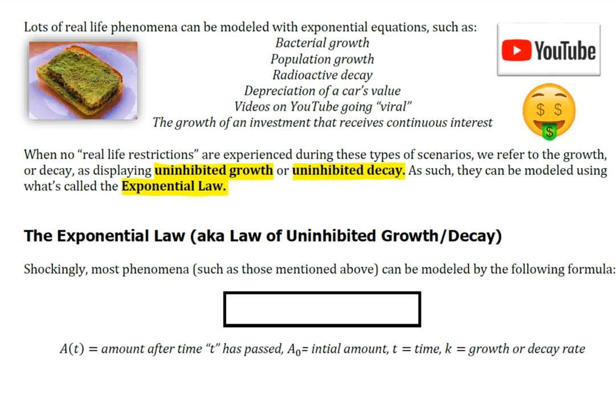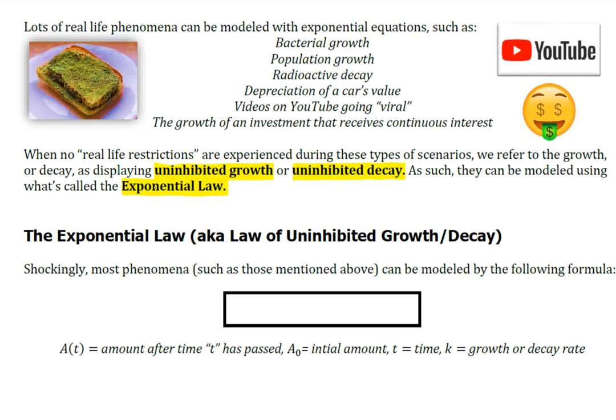We're assuming that, okay, we don't really have to take into consideration these real life restrictions, such as space limitations or other videos going viral that might take away some of the viewers or subscribers of, say, a different person's channel. So that's the main idea.